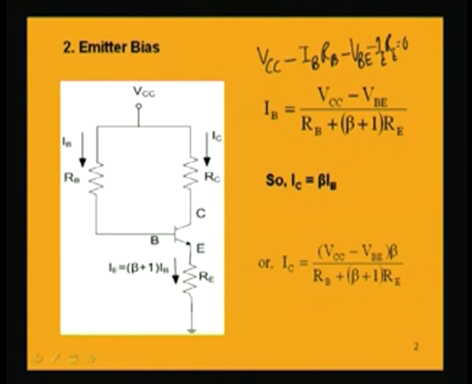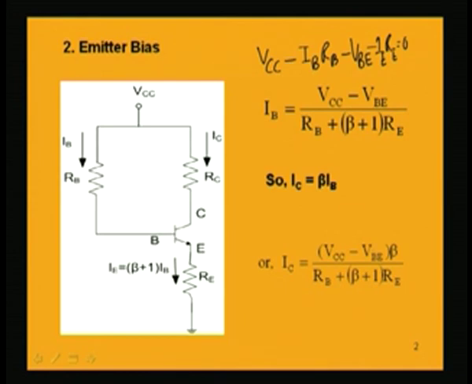So, it is a linear relationship, that is IC equal to beta times IB. Now if you substitute the value of IB from this expression, we get the collector current as beta times VCC minus VBE divided by RB plus beta plus 1 RE. So, this is the collector current.